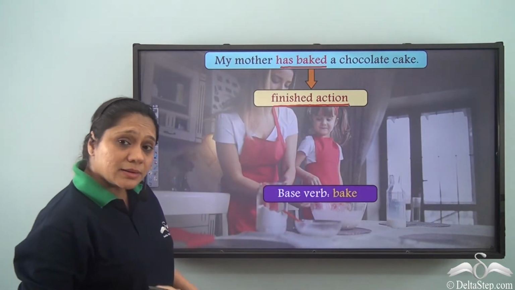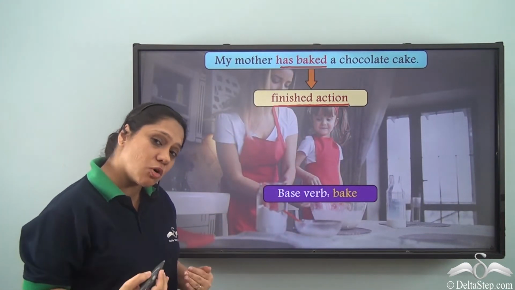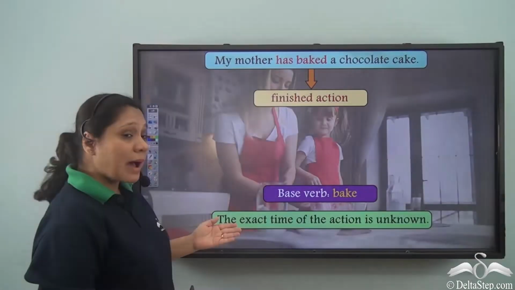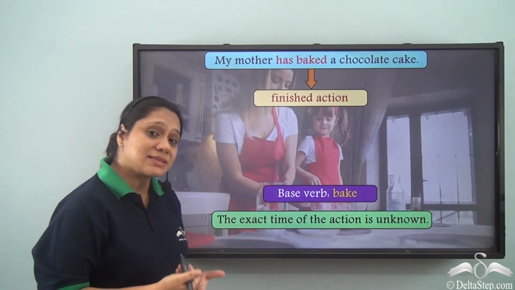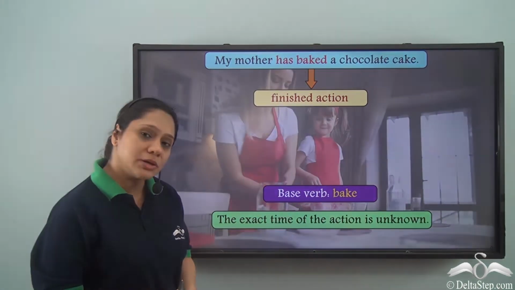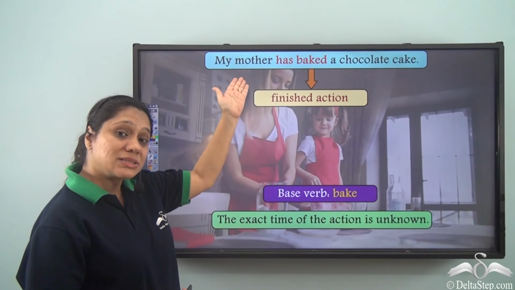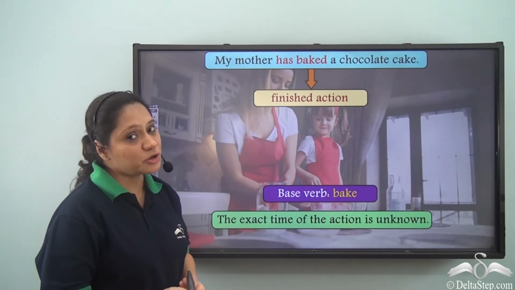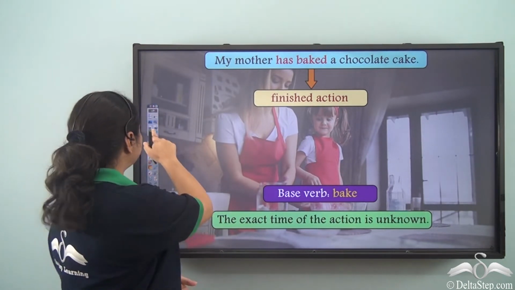The action is over. But we do not know the exact time of this action. Do we know the time when the mother has baked a chocolate cake? We do not know the time.